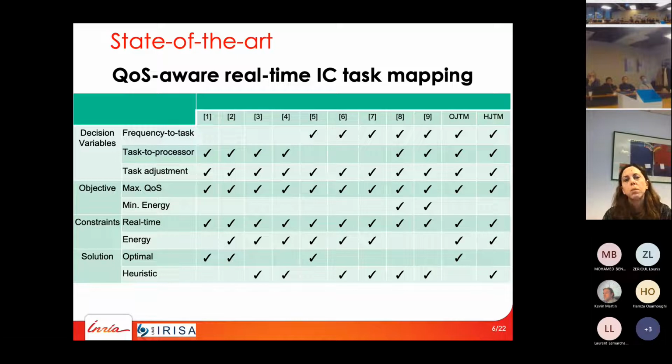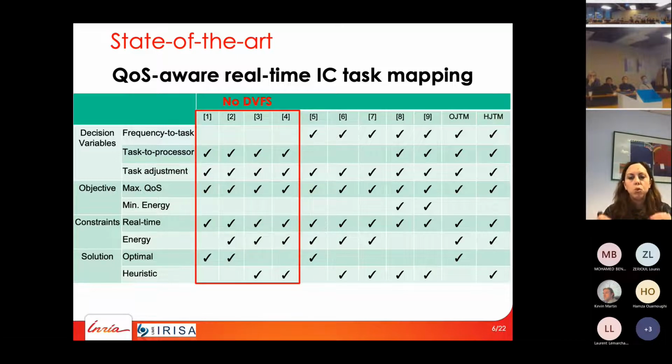So here we have some approaches that focus on platforms that do not consider dynamic voltage and frequency scaling. That means that the decision variable regarding the frequency to task assignment is omitted from the optimization problem.